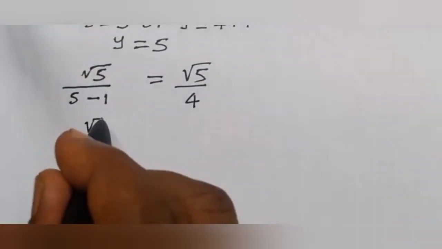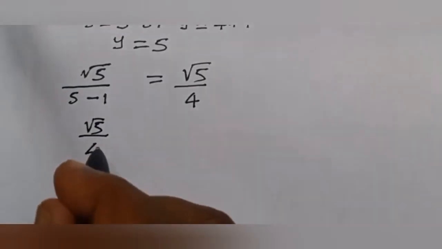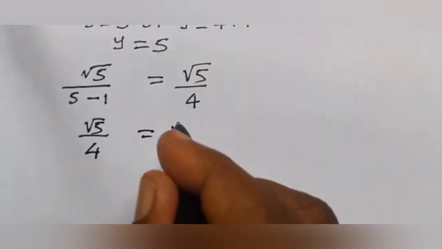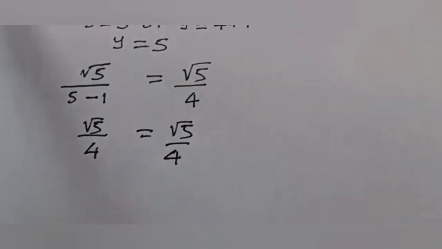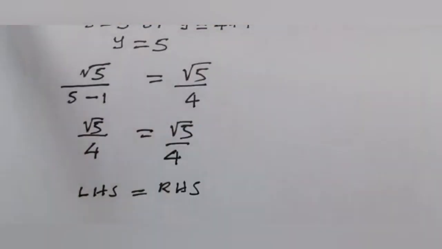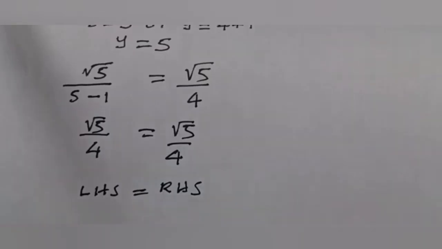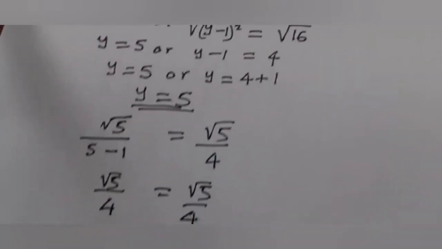We have root 5 over (5 minus 1), the answer is 4, equals root 5 over 4. Since the left-hand side equals the right-hand side, therefore the answer is true. The value of y is 5. 5 is the correct answer.